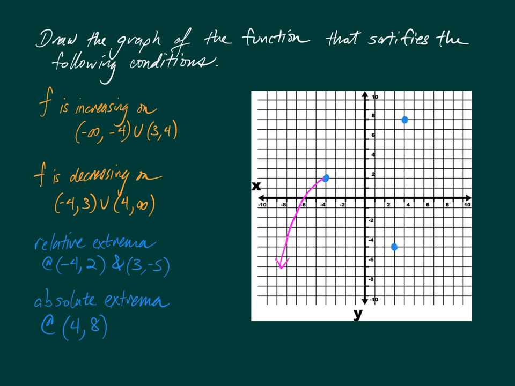So there's that. And now I want to know what happens between -4 and +3 for the x value. So -4 to 3, we can see that f is decreasing. So that's going to go something like that. And then from 3 to +4, oh, that's right here.